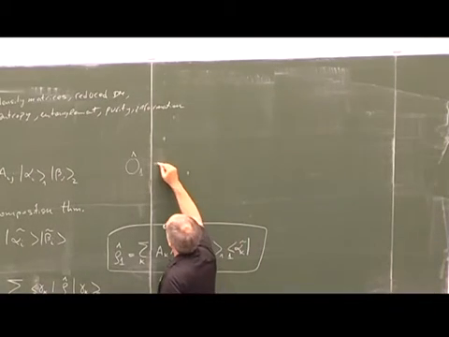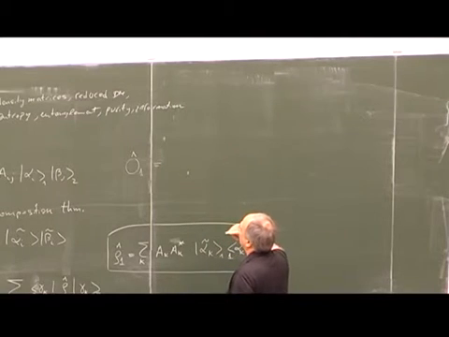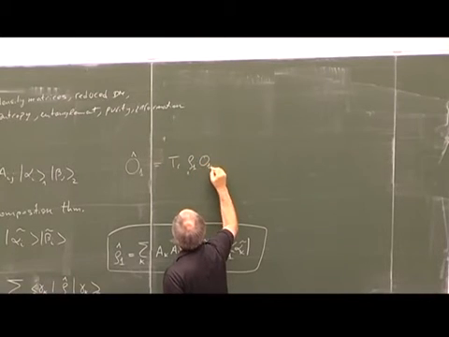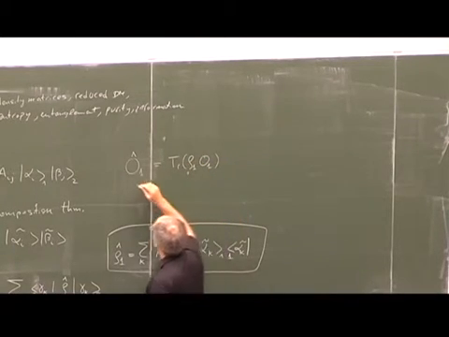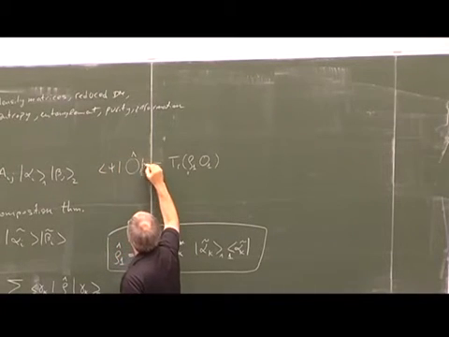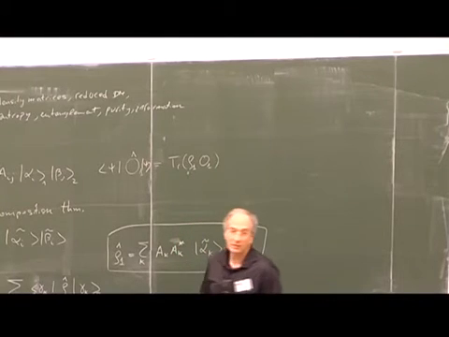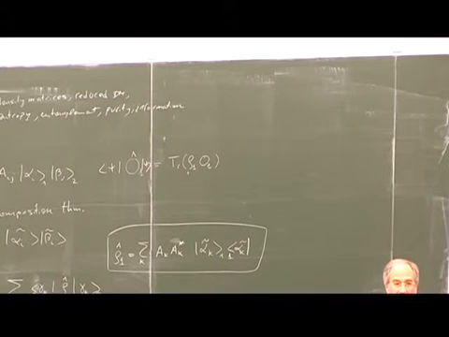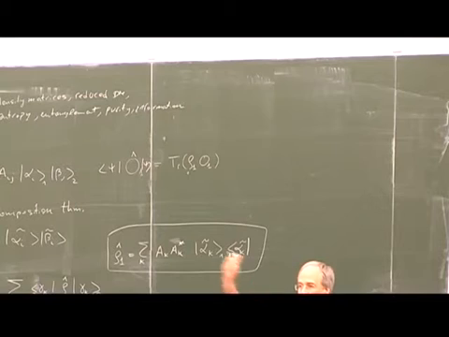The claim is, and you will have a problem that shows this, that if I want to calculate expectation values of restricted operators, operators that are sensitive only to one Hilbert space, as in the case that we're thinking about the radiation going out and we are only making measurements on the outgoing radiation, so we are not making measurements in space 2, just space 1.